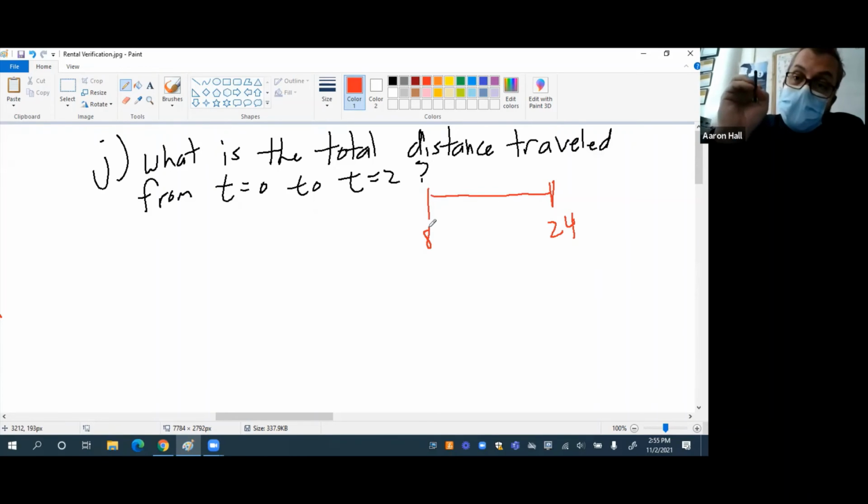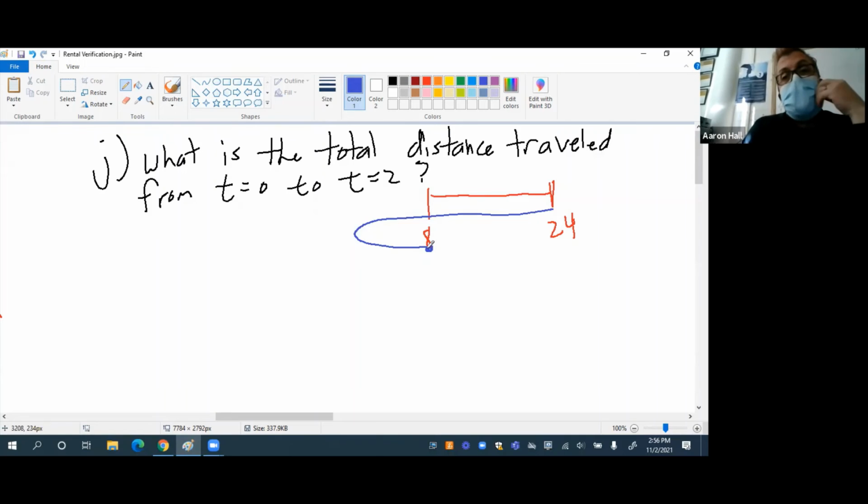If the distance is bigger than the displacement, then the particle passed 8. I'm going to actually write it down further. It passed 8 and circled around and came back. Now, because this particle is moving in one-dimensional space, what has to happen here? It has to stop there.